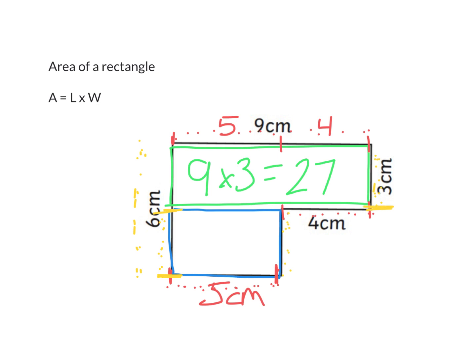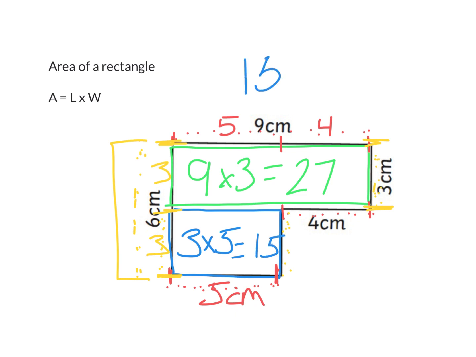Well, this portion is 3, which means this portion is 3. And if this whole side is 6, we have a 3 here as well. So to solve here, 3 times 5 equals 15.